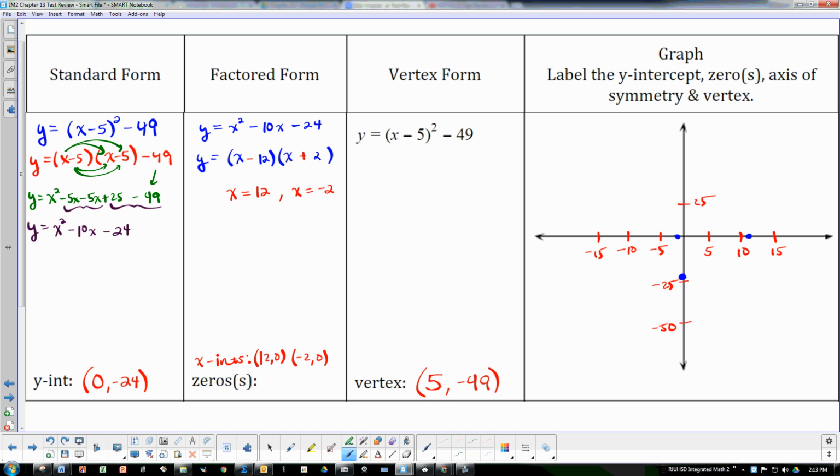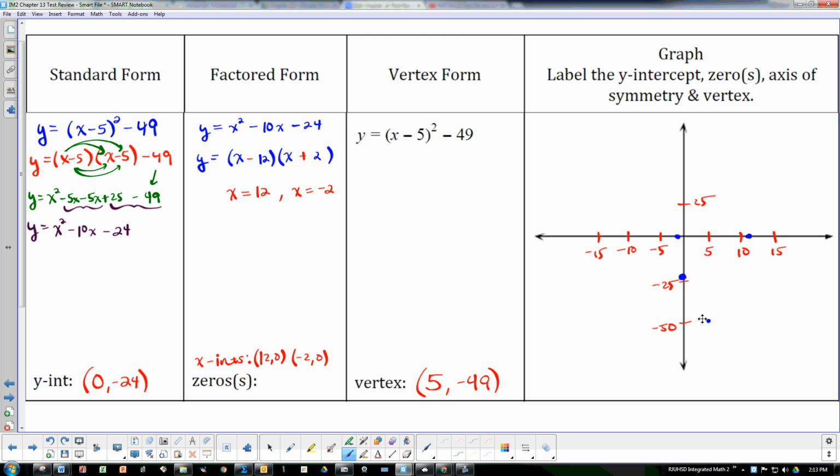And then we have 5, negative 49, which is about right over here somewhere. And you can see, my points are not perfect, but this is just really a rough sketch. All right, so that's going to be the vertex.